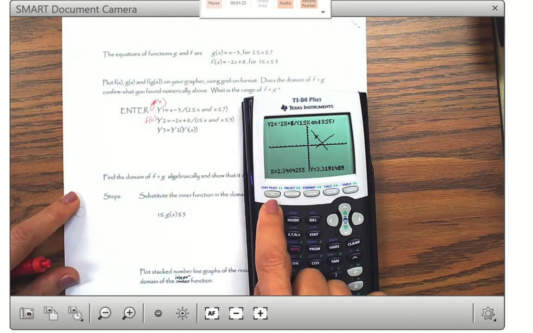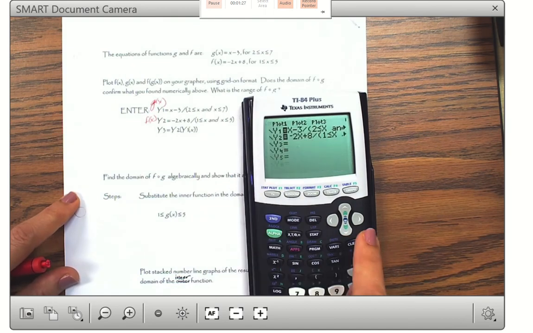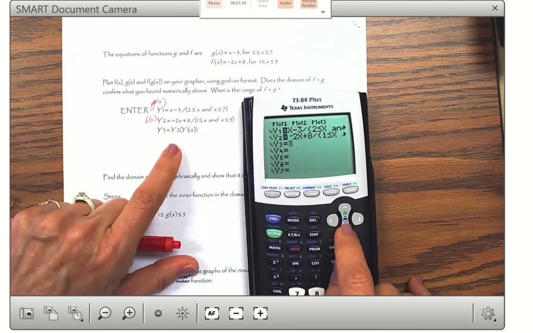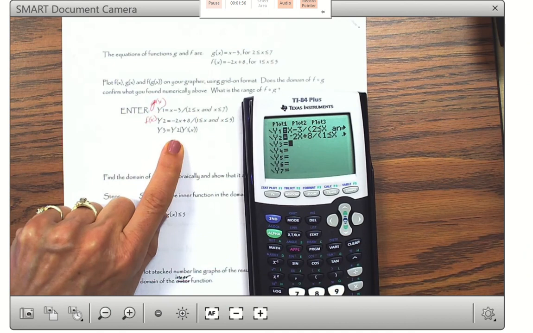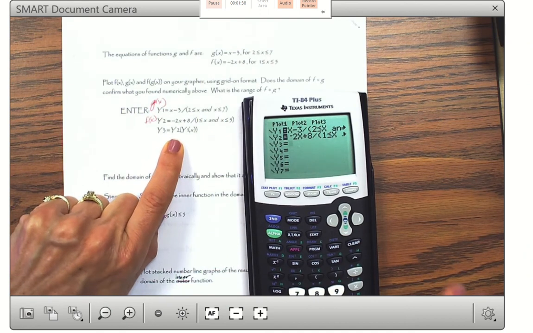I'm going to go back to my equation editor, so back to y3, back to the equations, and I'm going to enter an equation for y3. And I'm going to make that y3 what is y2, right?